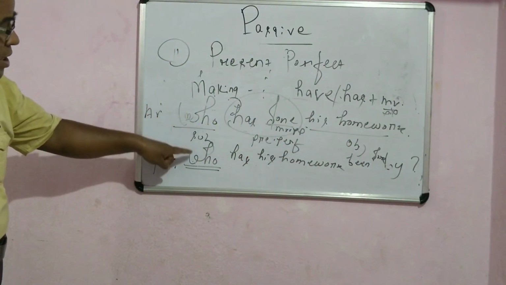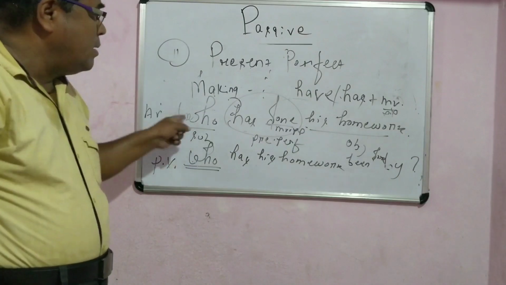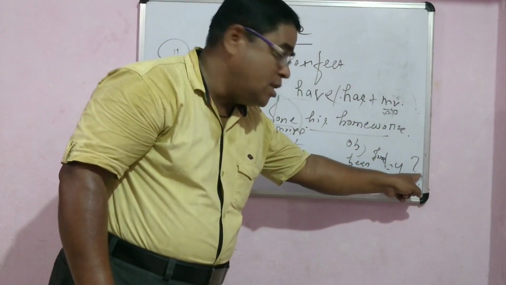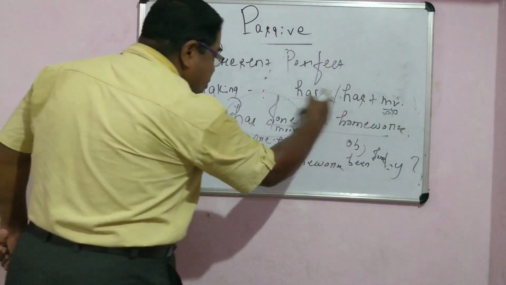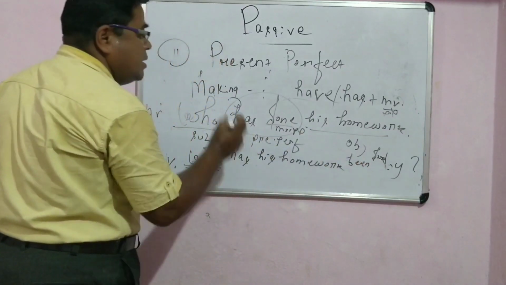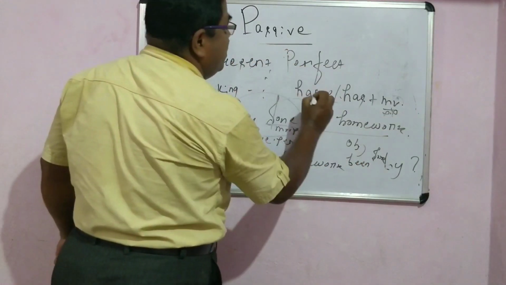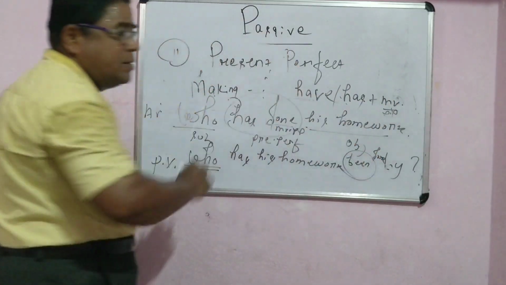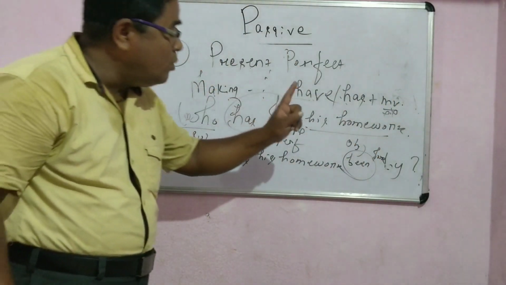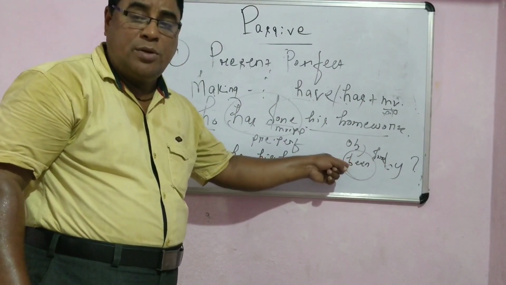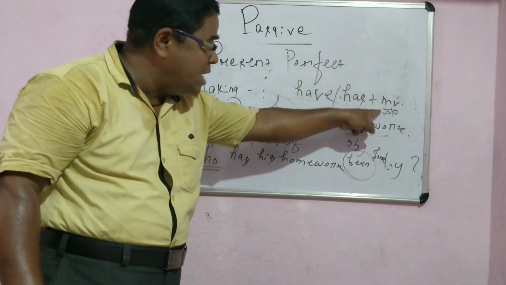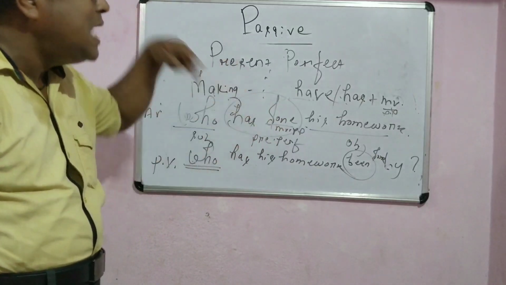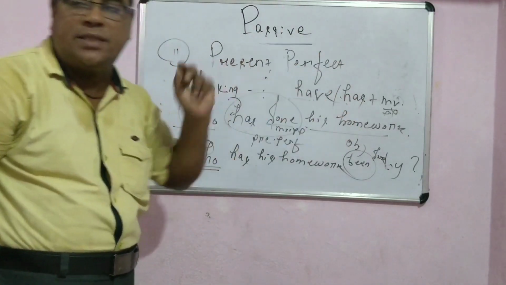Only who should remain who, then by should be placed at the end in the passive, and the remaining portion should be changed as usual. That means if it is present perfect in the active, that means has plus PP, you have to add only been. You have to simply add only been to make your passive. Who has/have plus main verb in the active, has been/have been plus main verb in the passive.